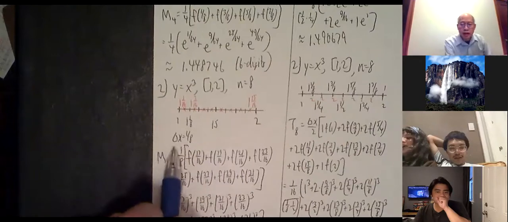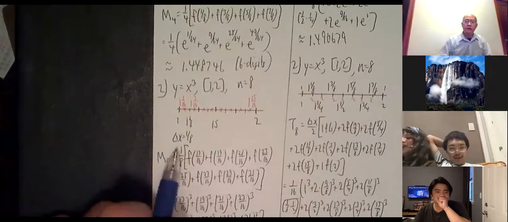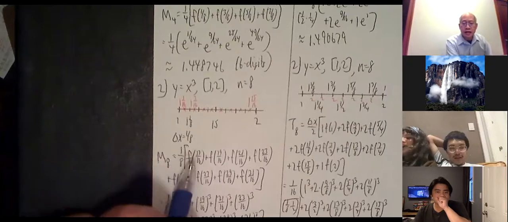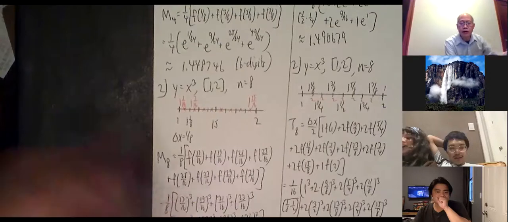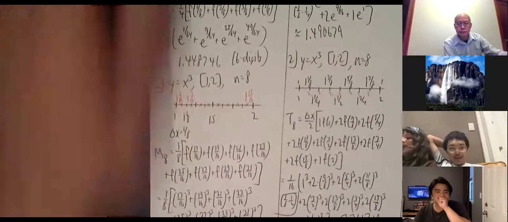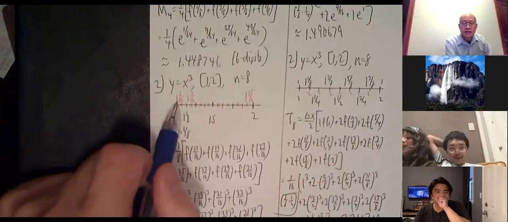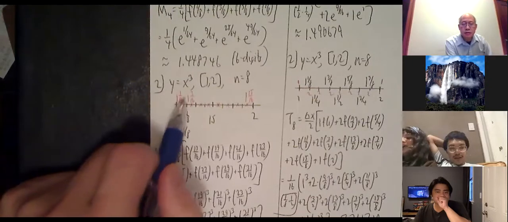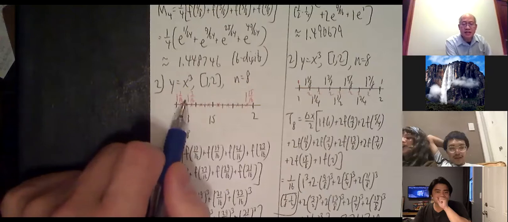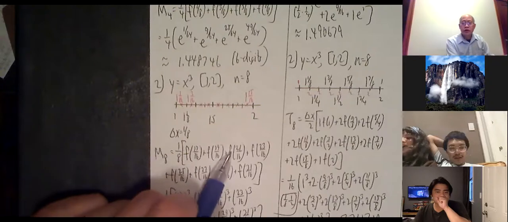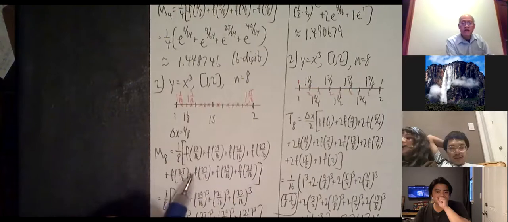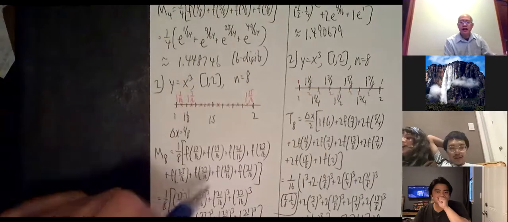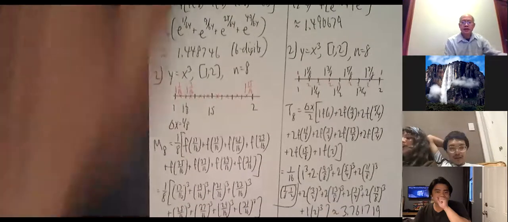So the midpoint rule is delta x, which is still 1/8, times the function value at the 8 midpoints. The midpoints are 17/16, 1 and 3/16 is 19/16, and after that you basically just add 2 to the numerator: f of 21/16, f of 23/16, 25, 27, 29, and finally f of 31/16.